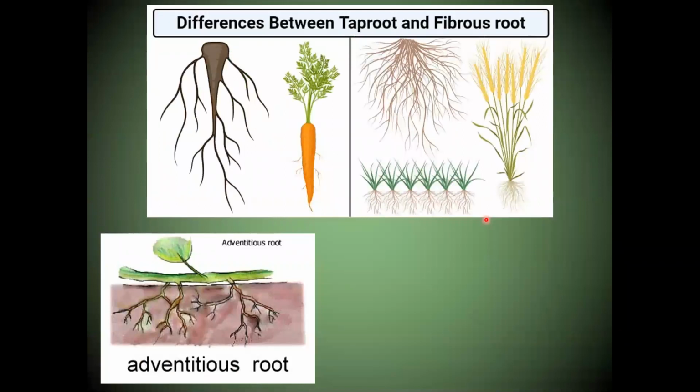Okay. Now let's talk about these roots. Now this is a taproot. The central large part that grows deep into the soil is the taproot. In a carrot, the part you eat is actually a taproot that modified into a storage organ.